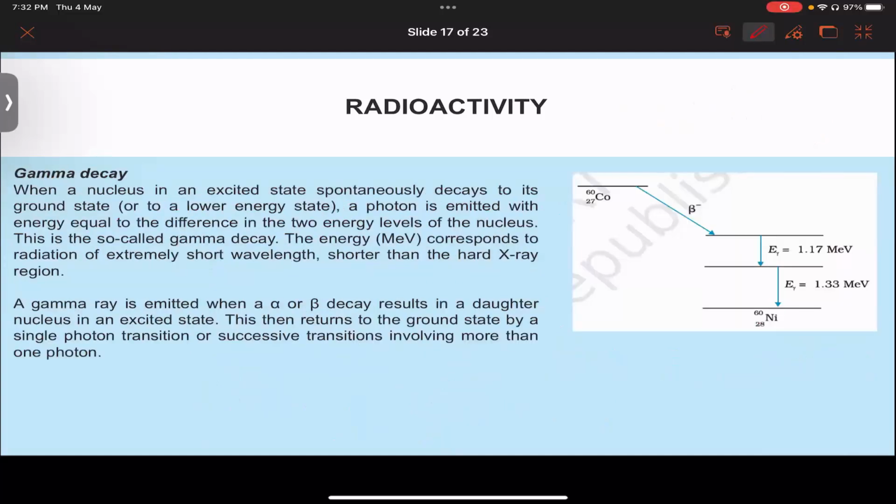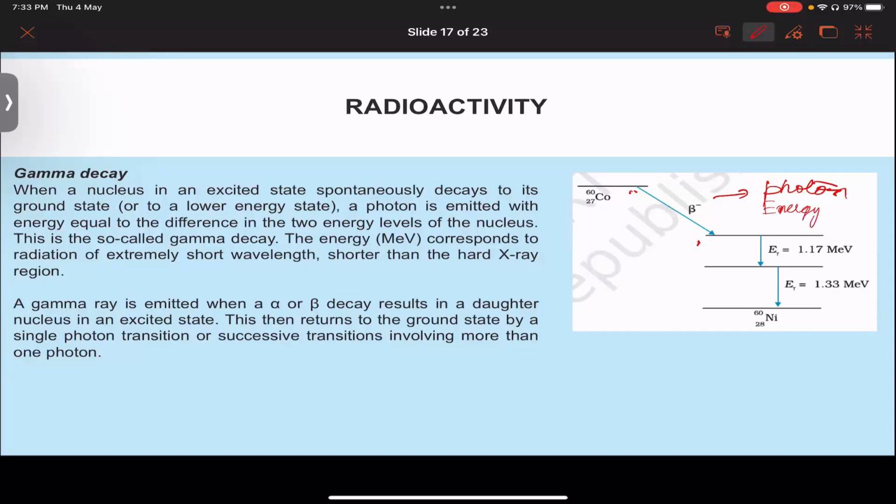Now we have gamma decay. Gamma decay is essentially energy; it's the photon which is produced. If you have a nucleus that is in an excited state, when it decays to the ground state or to a lower energy state, a photon is emitted. The photon's energy is equal to the difference between the two energy levels.